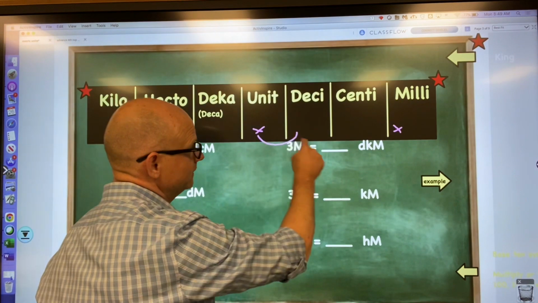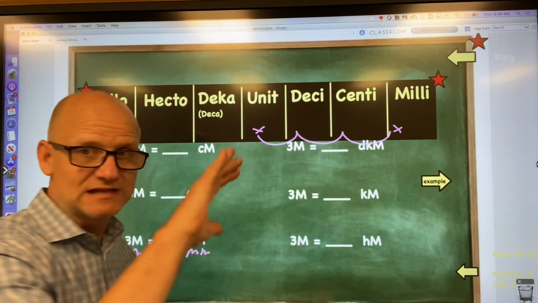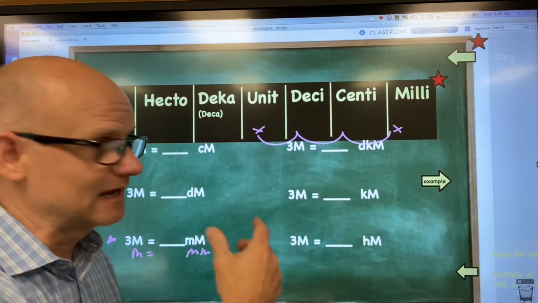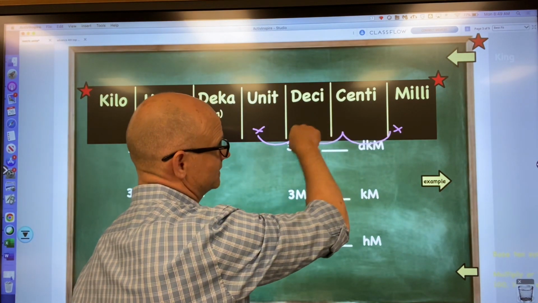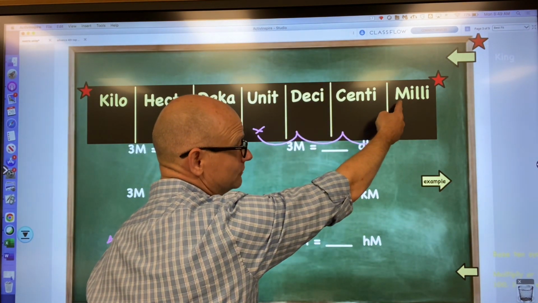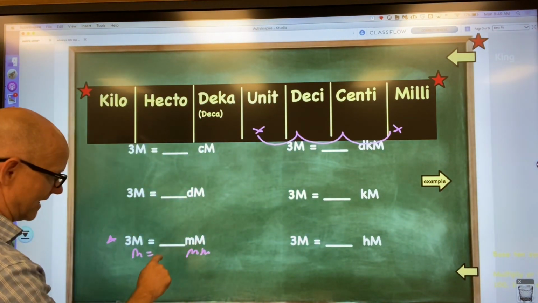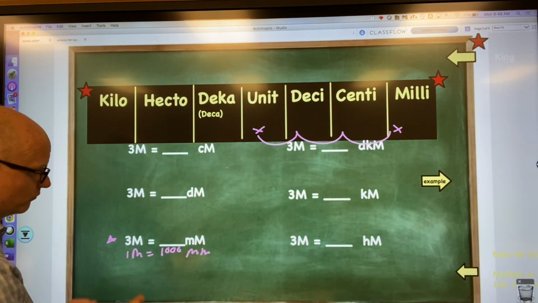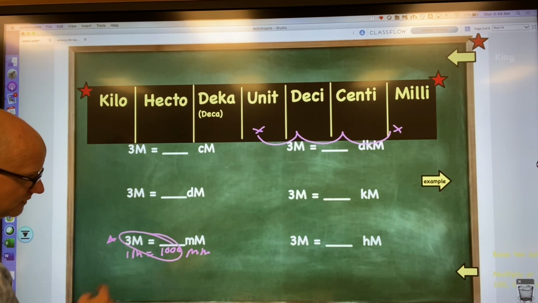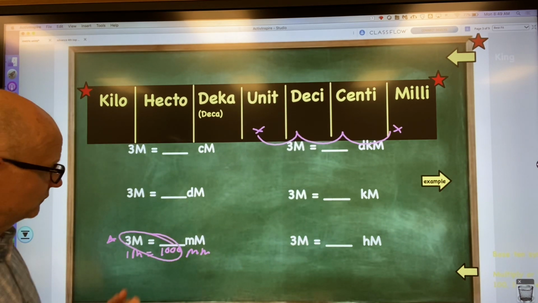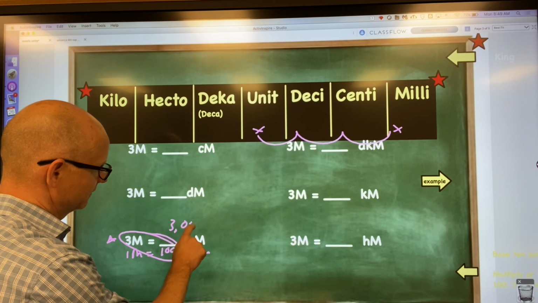You're going to go 1, 2, 3. So it's times 10, times 10, times 10, times 10, times 10, times 10. How many millimeters are in a meter? There are 1,000. And so when the numbers are going across, you multiply. So it's just 3 times 1,000, or 3,000.